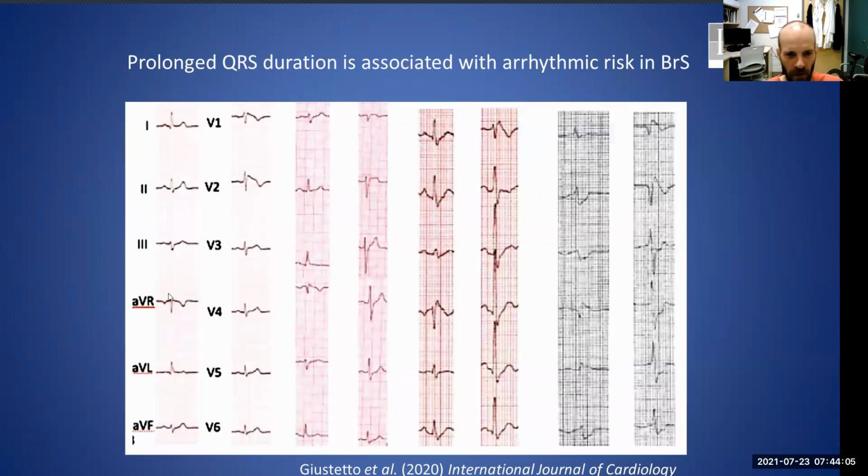Unfortunately, this slide doesn't project particularly well, but in patients who do have Brugada syndrome, those who have broad QRS complexes, this interventricular conduction delay, may be associated with increased arrhythmic risk in Brugada syndrome. So there is a clinical relevance to identifying these things.